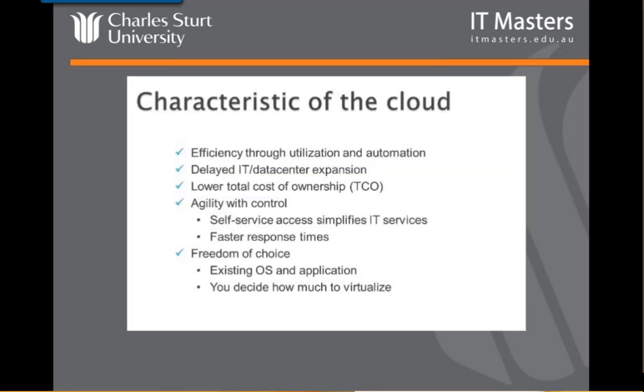Most of the cloud providers say being in the cloud is lowering your TCO, which is the total cost of ownership. Again, most of the cloud providers, or all of them, say that you're going to have control with agility, which means you're going to have self-service access, which is supposed to simplify your IT services. And depending on your network speed, you should have faster response time.